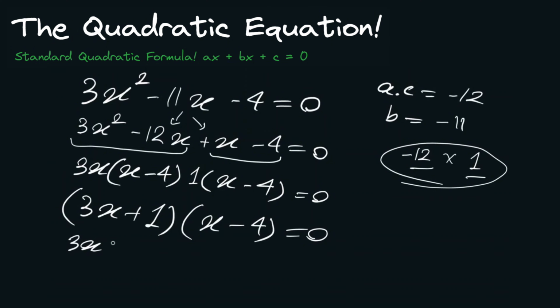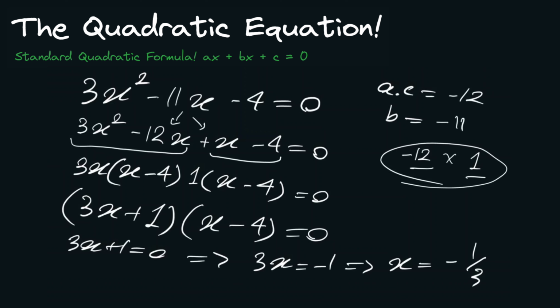So 3x plus 1 equals 0, so 3x equals negative 1, and x is going to be negative 1 over 3. And then we have x minus 4 equals 0. If we solve this, x is equal to plus 4.